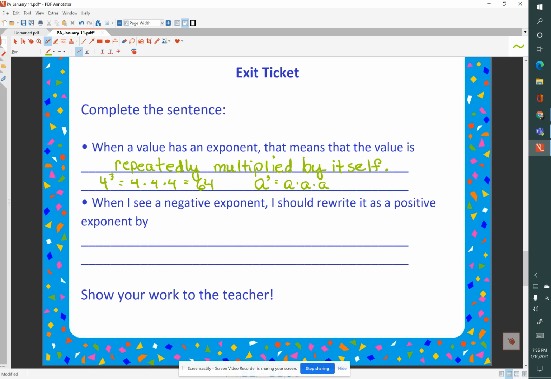Now, when I see a negative exponent, I should rewrite it as a positive exponent by placing it under a numerator of 1.